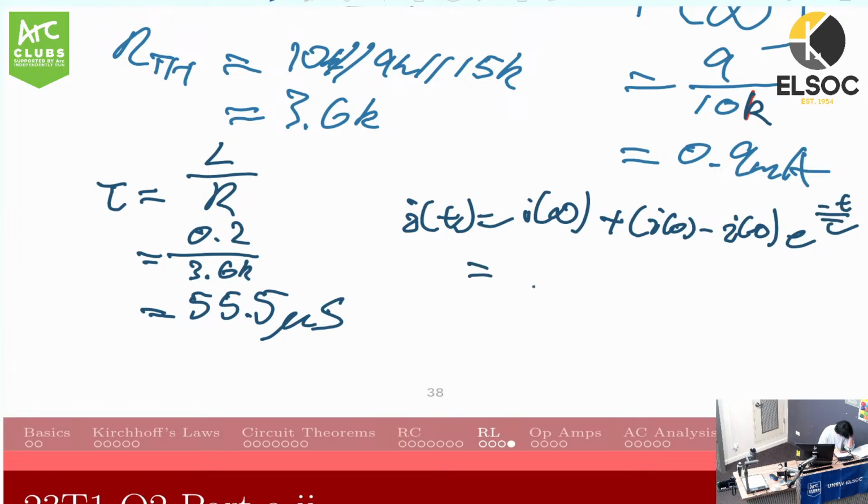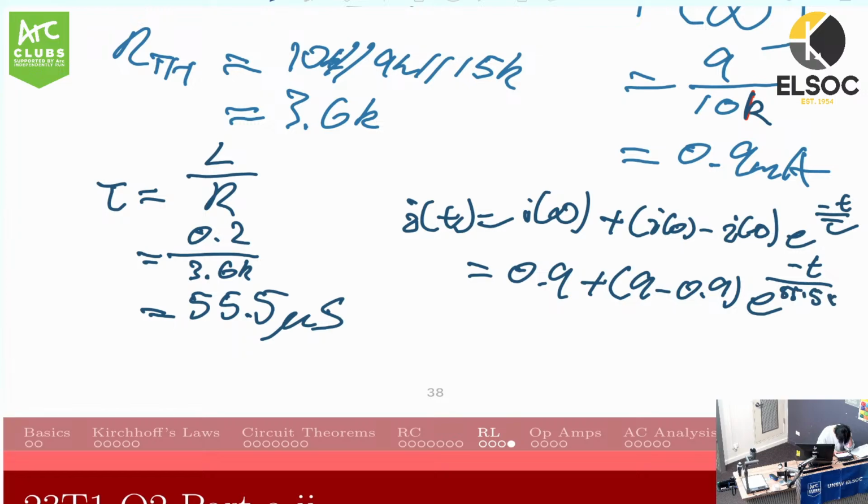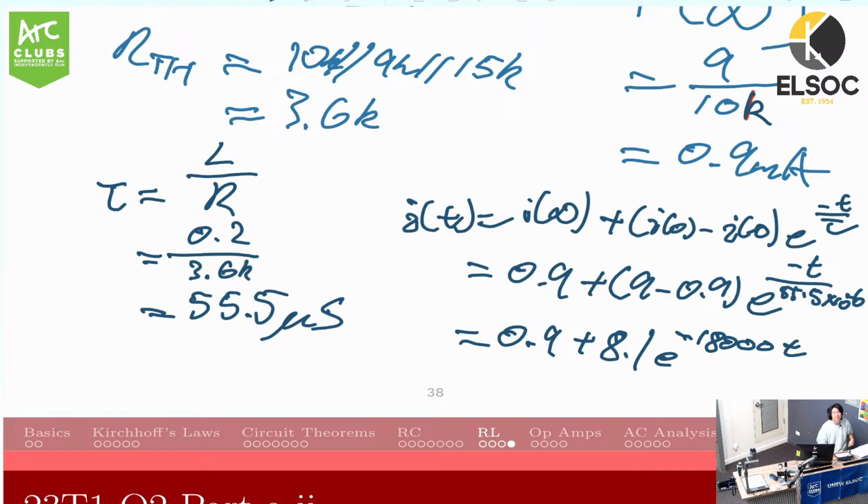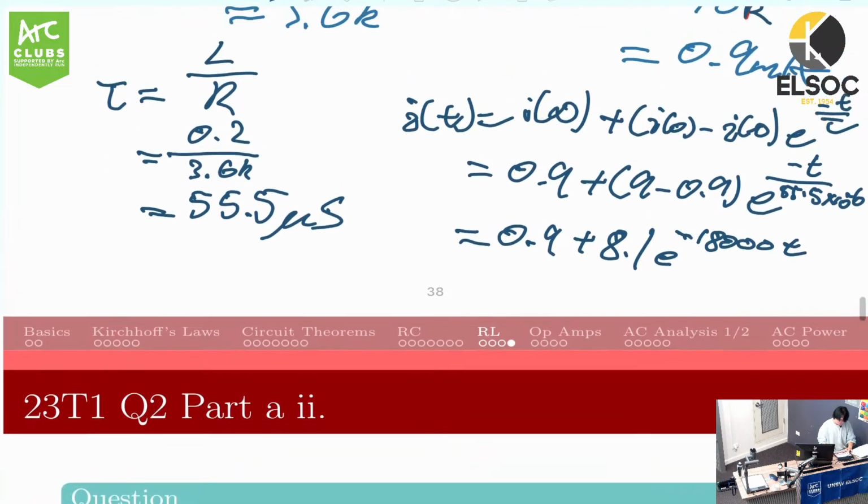In this case, plug everything in: 0.9 plus (9 minus 0.9) e to the power of negative t on 55.5 times 10 to the negative 6. We can then simplify this slightly into 8.1 e to the negative 18,000 t. Does everything here make sense, how I just put everything into the equation? Okay?